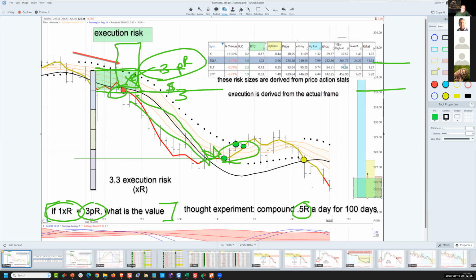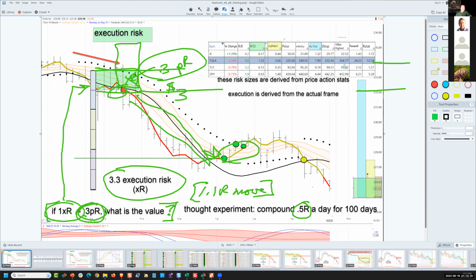If one execution risk is arbitrarily set to 0.3 position sizing risk, and my trade is worth 3.3 execution risk, then what was the capture on this one? It's a 1.1R move.